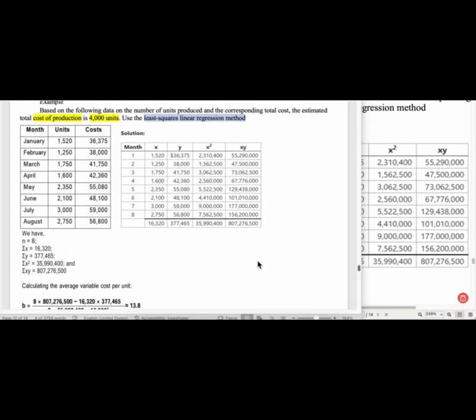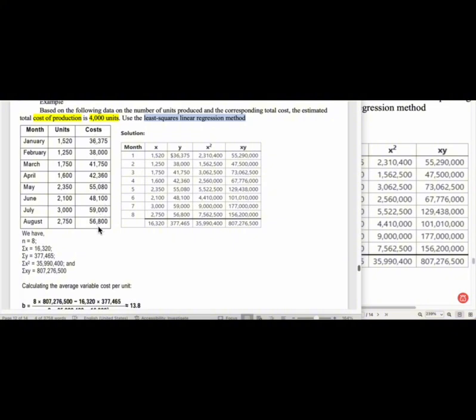Okay. So basically, the problem gives us, let's say, months. For example, months from January, February, March, April, May, June, July, August. And then the estimated units, right? Basically units produced, and then the cost.